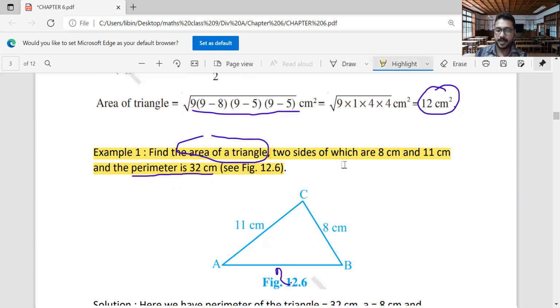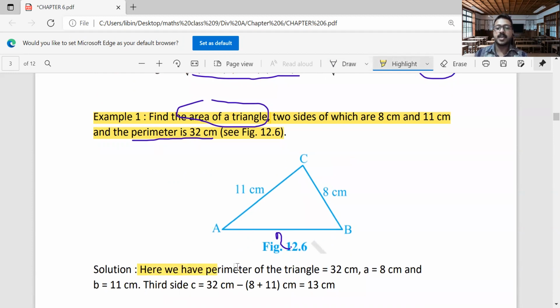Okay, do you follow me? Here we have the perimeter as 32 centimeter, and we are taking a equal to 8 centimeter and b equal to 11 centimeter. Third side c will be what? c is equal to 32 centimeter minus 8 plus 11, which is equal to 13 centimeter.